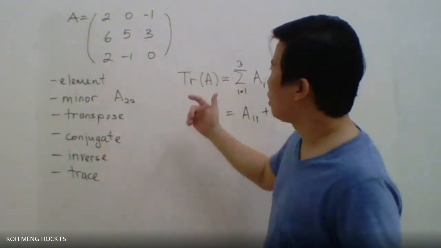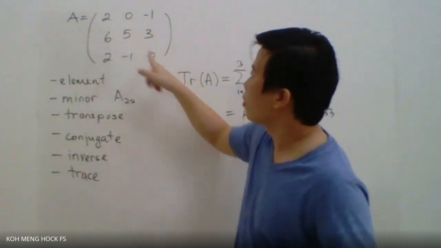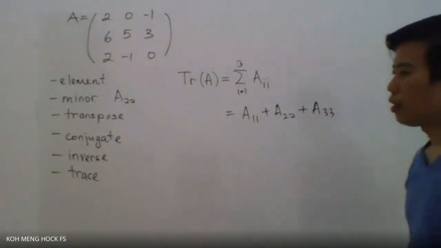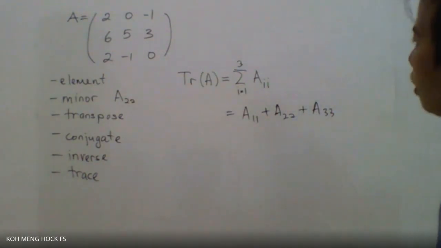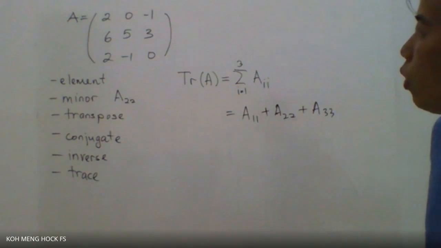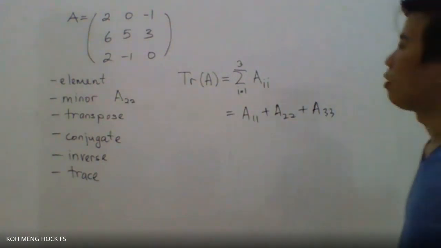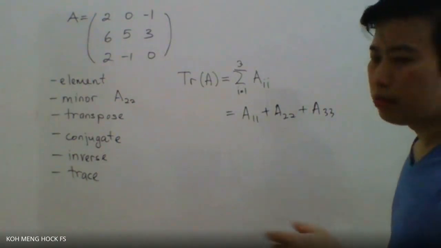So in this case, the trace of A is going to be 2 plus 5 plus 0, which is 7. This trace is more commonly used when you have diagonalized the matrix. You will see in the later part of the exercise that you have to find what we call the diagonal matrix.